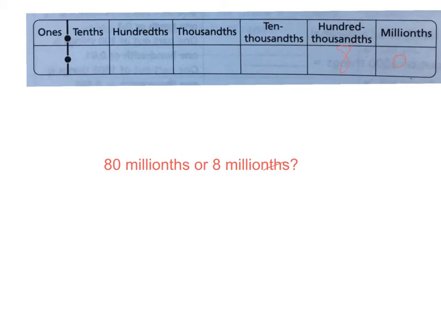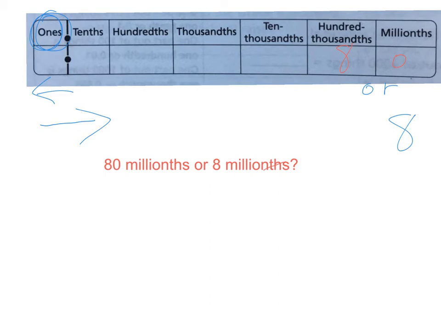Is that larger, or is it 8 millionths? Remember, the larger numbers always come from the left side, so ones. After the ones on that side would be tens, hundreds, thousands. And we get significantly smaller here.